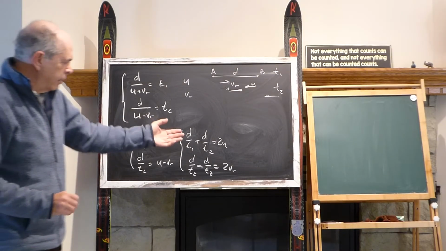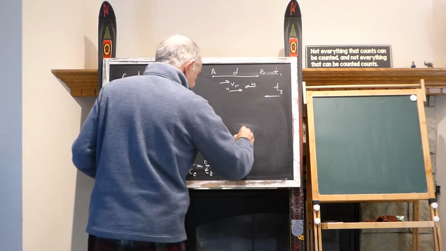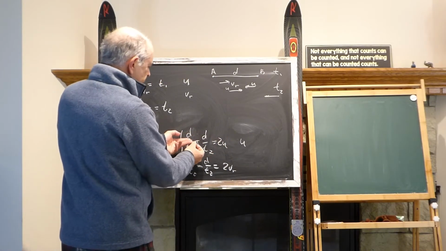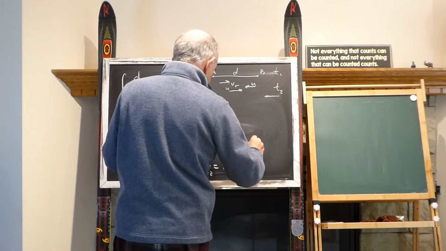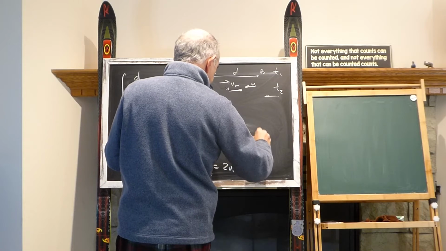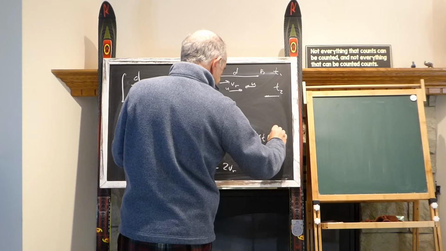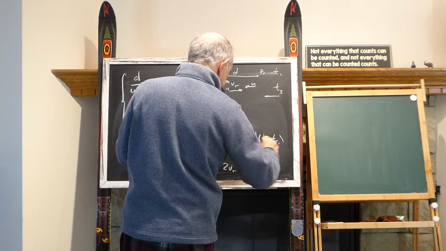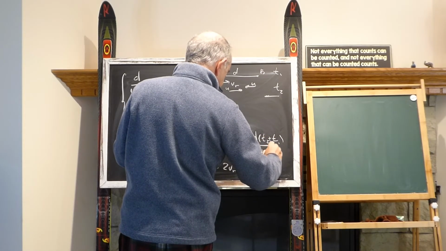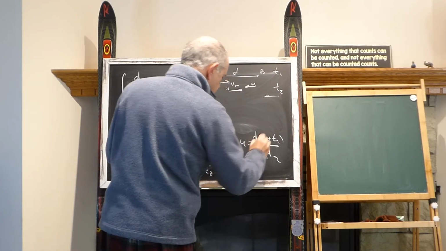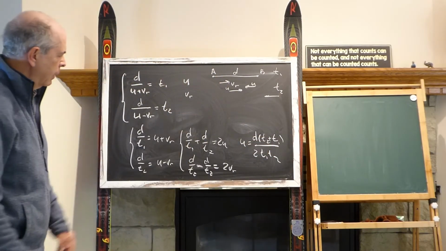So we can find U straight from here, and it's so simple. U, in this common denominator, would be equal D times T2 plus T1, and common denominator would be T1 T2, and don't forget about this 2. So this is the U, this is the first result.